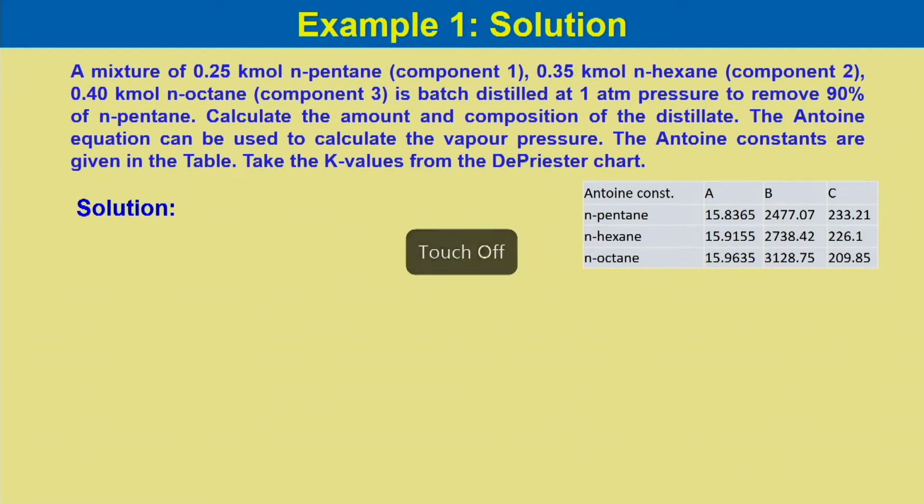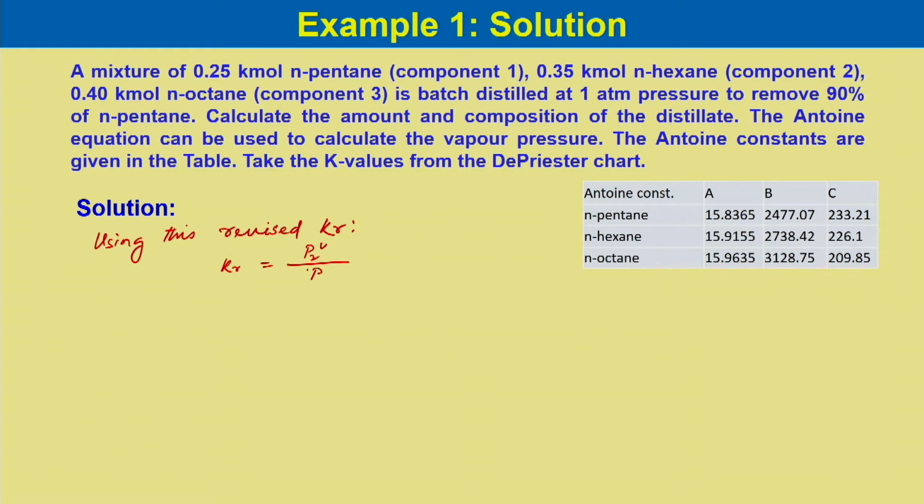Now, if we use this revised Kr, Kr would be equal to P2V by P, so 0.948 would be equal to P2V divided by 1. So, from here we can write P2V would be equal to 0.948.